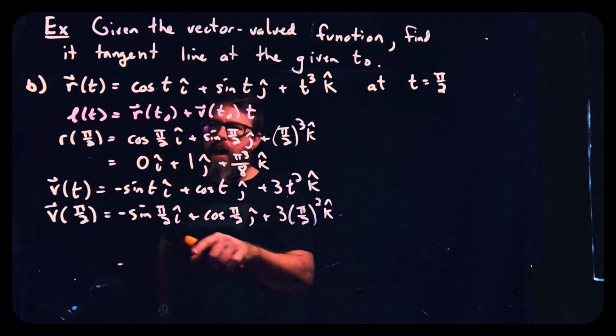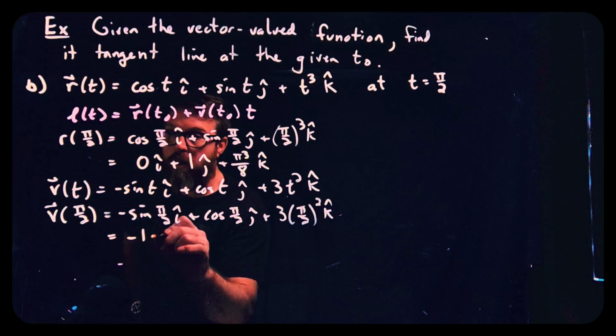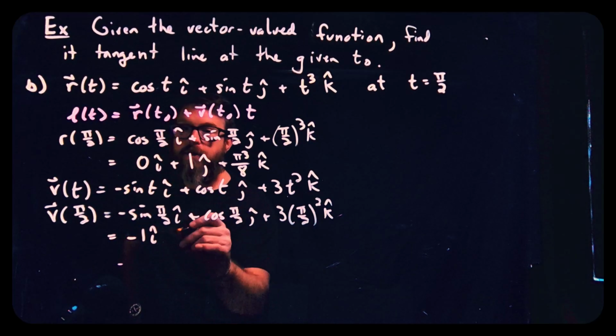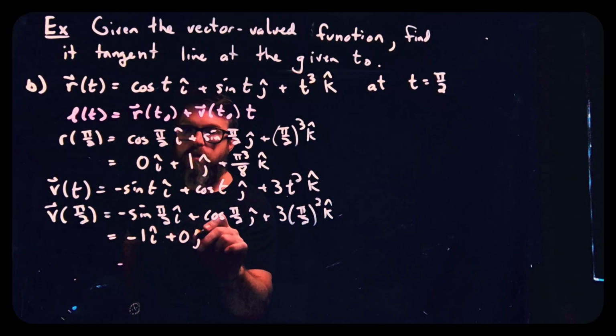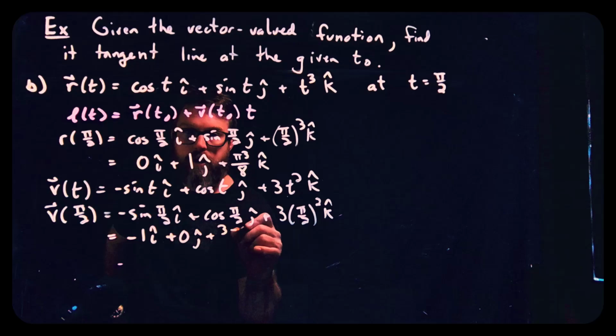And the sine of pi over 2 is going to be equal to 1, so this is going to be minus 1i. Cosine of pi over 2 is still 0, so plus 0j. And pi squared over 4 times 3, so plus 3 pi squared over 4 k.